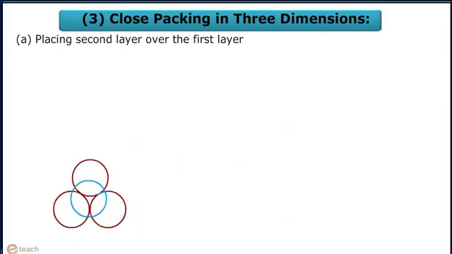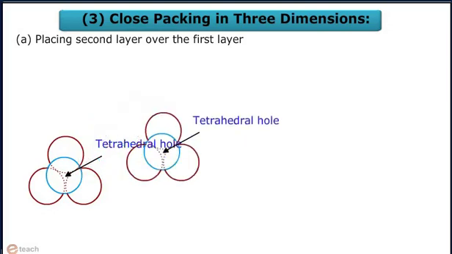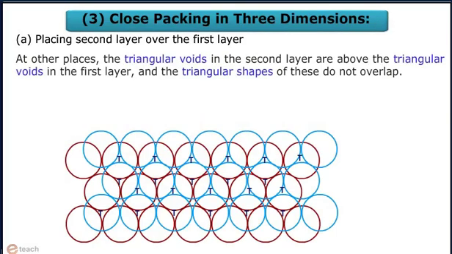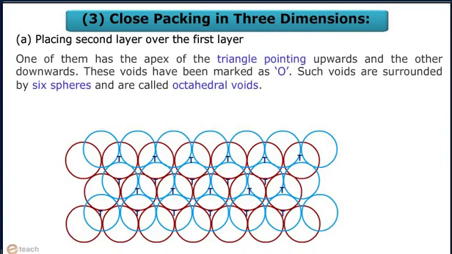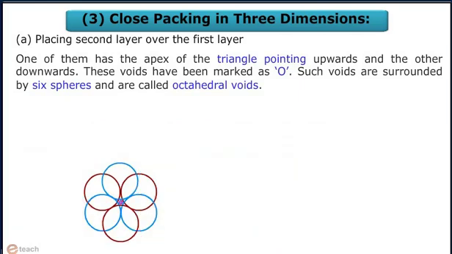At other places, the triangular voids in the second layer are above the triangular voids in the first layer, and the triangular shapes of these do not overlap. One of them has the apex of the triangle pointing upwards and the other downwards. These voids have been marked as O. Such voids are surrounded by 6 spheres and are called octahedral voids.